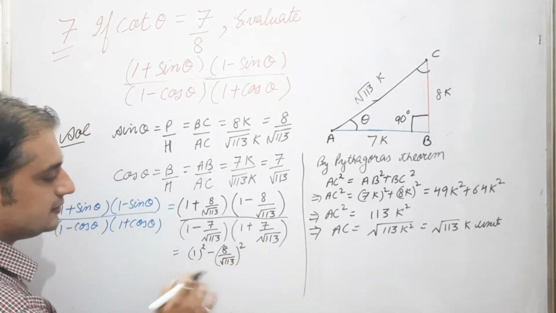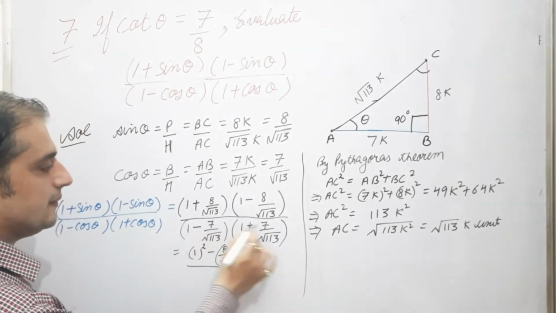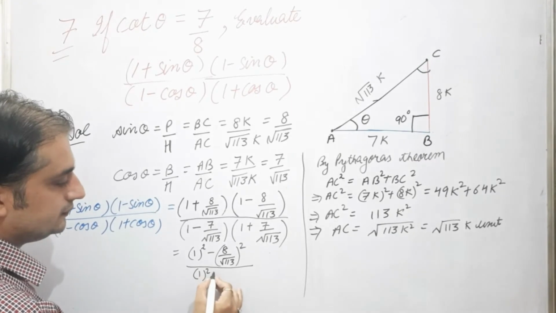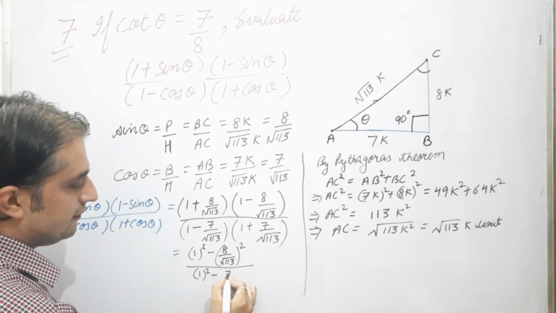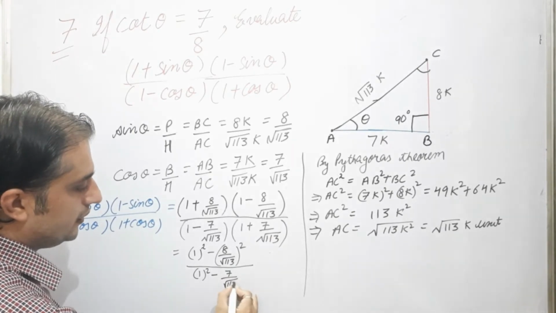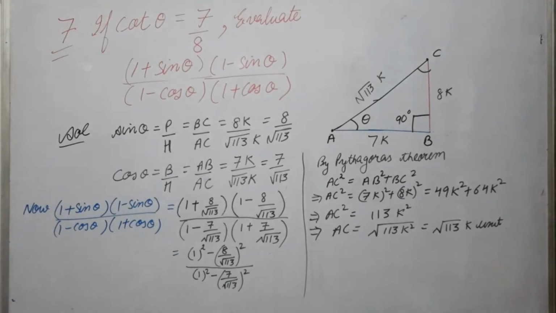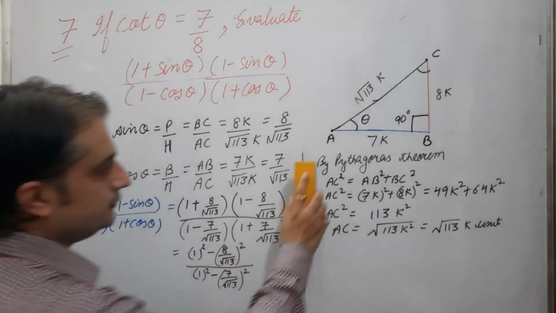Similarly in the denominator, a minus b and a plus b, same identity. So it will become 1 square minus 7 upon root 113 whole square. Right. Solve it.